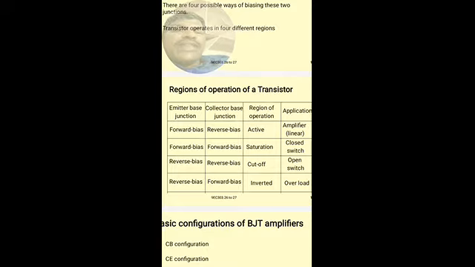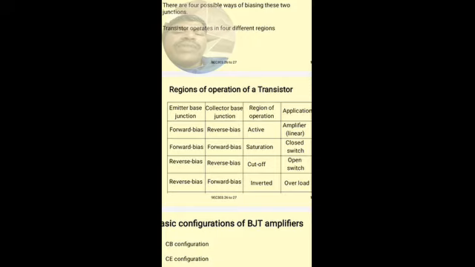In the saturation region it acts as a closed switch, conducting a large current because both junctions are forward biased. The transistor is said to be in the saturation region when both the junctions are forward biased.